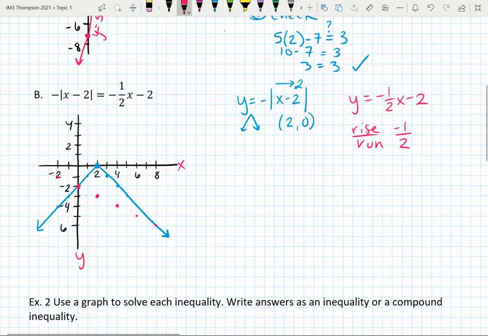I know it only takes 2 dots to make a line, but I like to make a lot of dots, try to make it as accurate as possible. Especially when I'm looking for intersections.